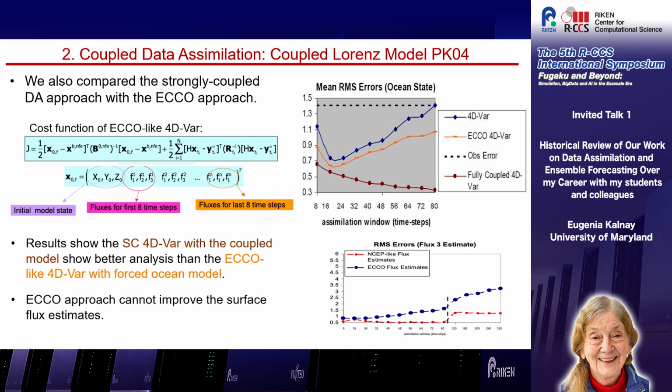The results show that ECCO-like 4D-Var shows smaller analysis errors for model states than the traditional 4D-Var. But ECCO-like 4D-Var using the forced ocean model is still inferior to a strongly coupled 4D-Var using a fully coupled model. In addition, the ECCO-like 4D-Var cannot improve the flux estimation.